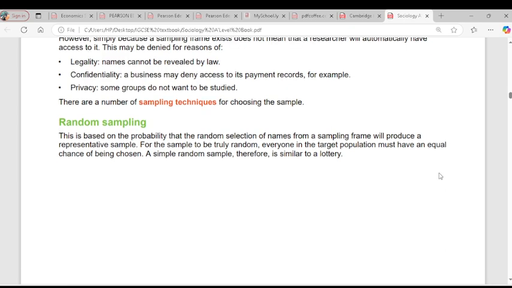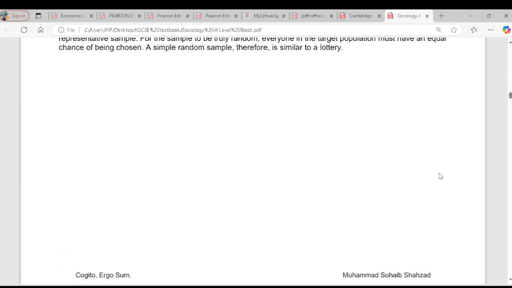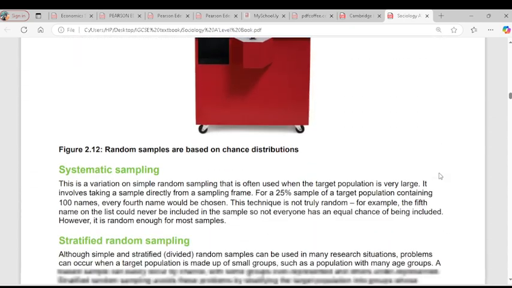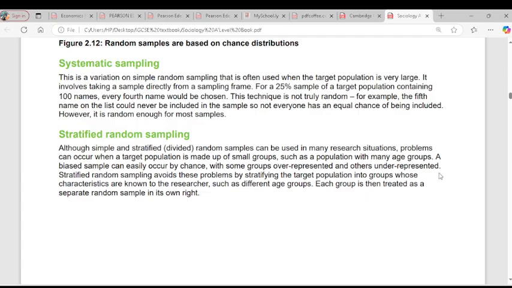The next one is systematic sampling. For systematic sampling, I wrote, it is a probability sampling method in which a random sample with a fixed periodic interval is selected from a large population. We call it systematic because it is not random.